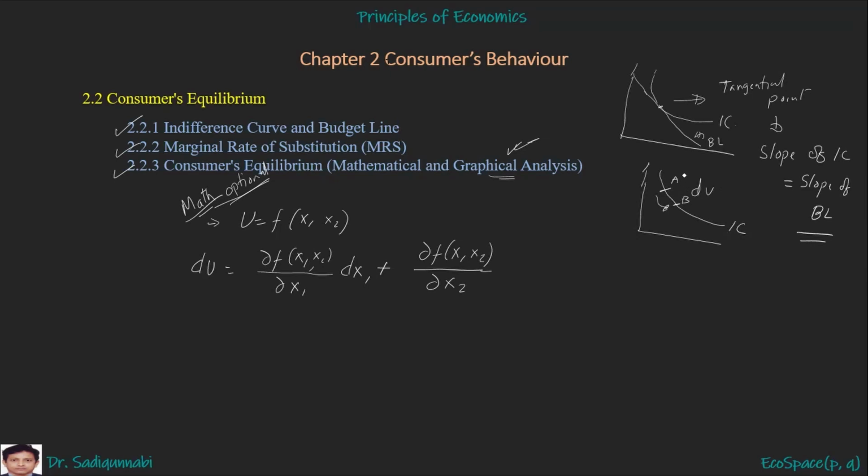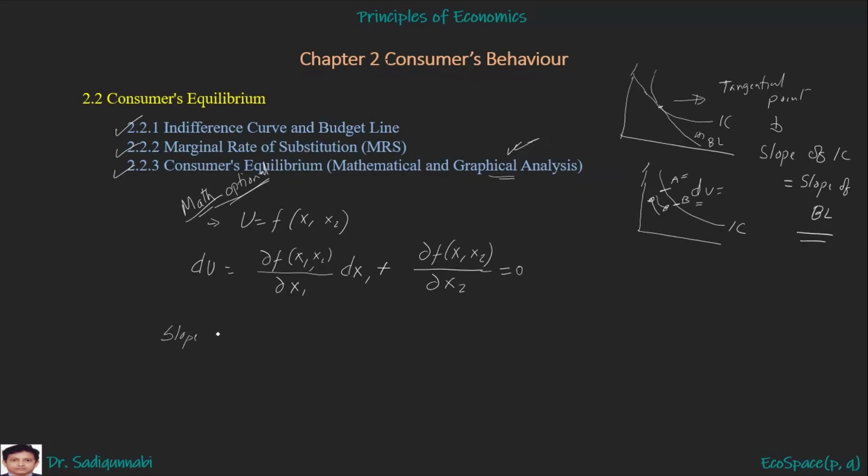So what is the value of du? 1, I guess. No, it is 0. Why 0? Because there is no change in utility.